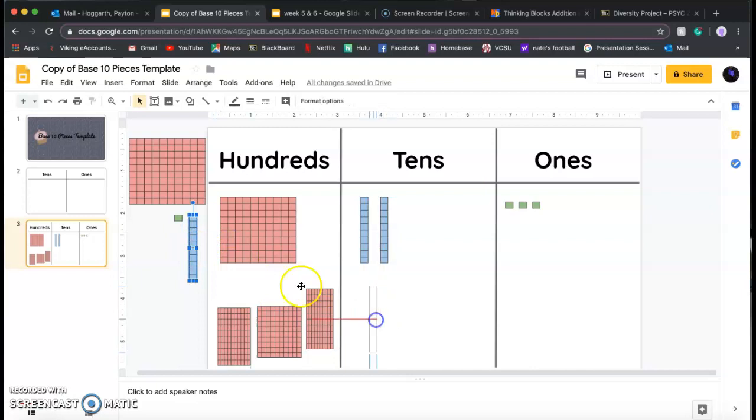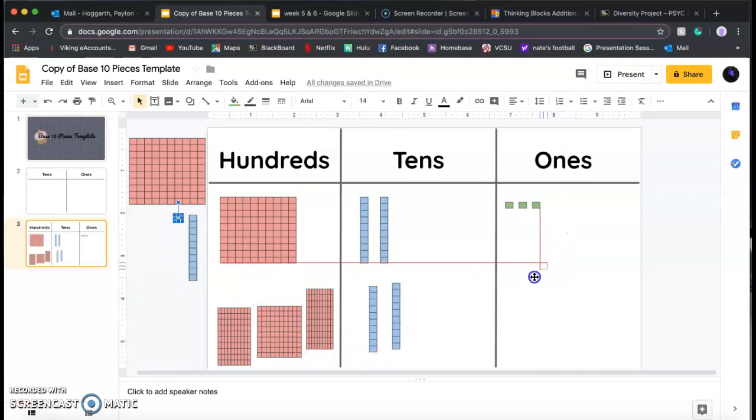So now I need 2 tens and 1 1. So I don't really have to group anything, I can just count. So I have 4 100s, 4 10s, and 4 1s. So I have 441.